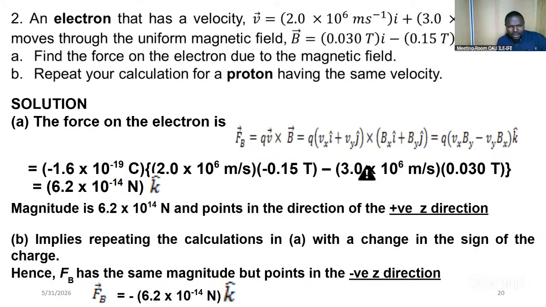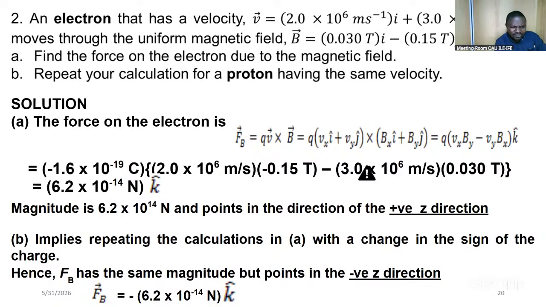If you plug in all those values, you should get that the magnitude is going to be 6.2 times 10 to the power 14. But magnetic force is a vector quantity. It must have magnitude and direction, and I've taught you the trick of how to get the right direction.